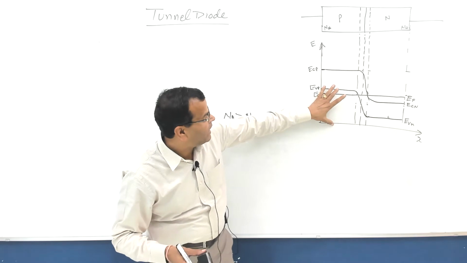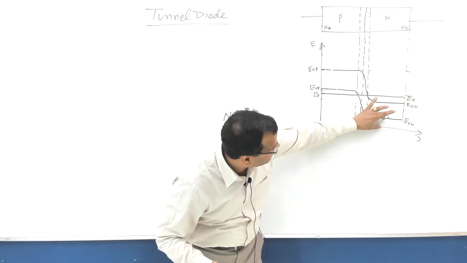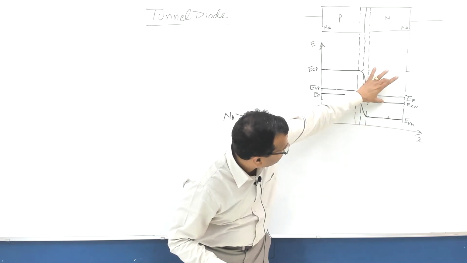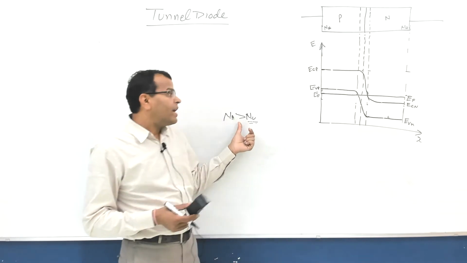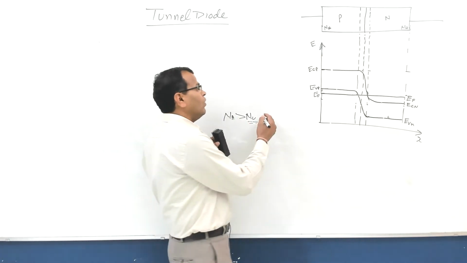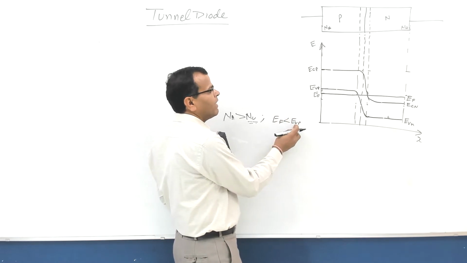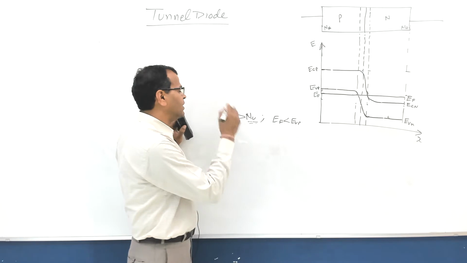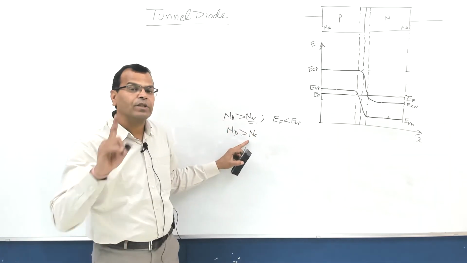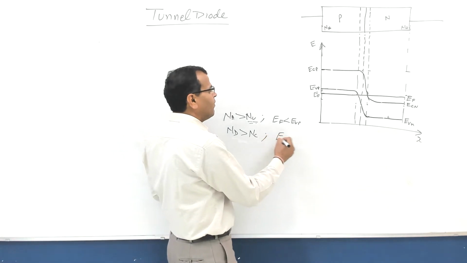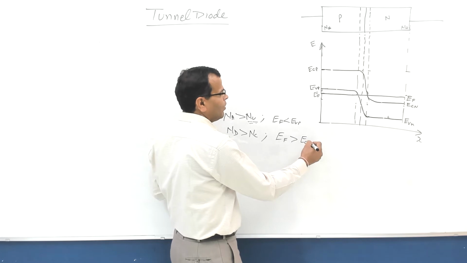This is the valence band on the P side, this is the conduction band on the P side, this is the valence band on the N side, this is the conduction band on the N side. When NA is greater than NV, what happens? The Fermi level is below the highest level of the valence band on the P side. Similarly, when the donor concentration is more than the density of states in the conduction band, the Fermi level is above the lowest level of the conduction band on the N side.